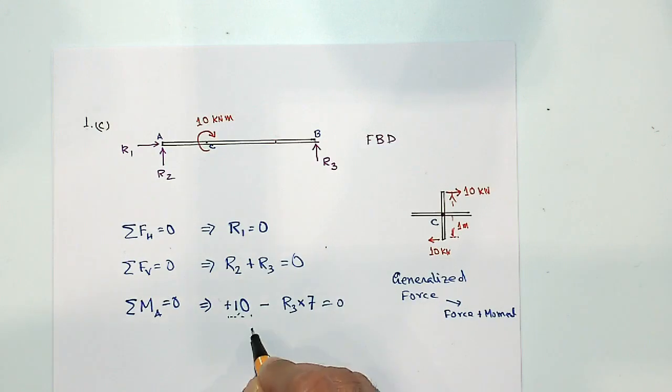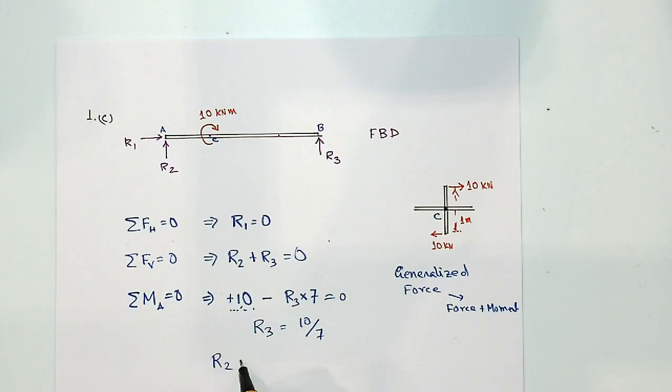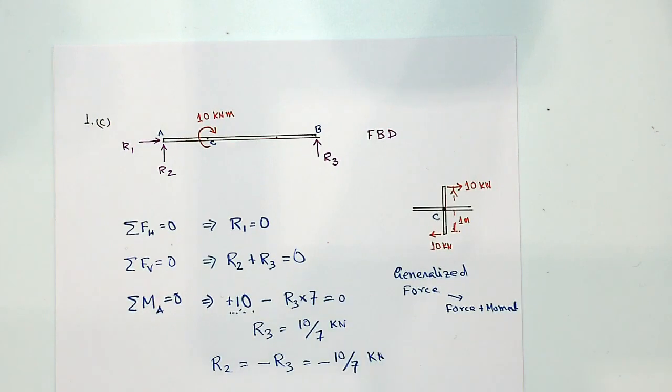So R3 would be equal to 10 over 7, and going back to the previous equation, R2 is minus R3, so R2 would be minus 10 over 7 kilonewton. They are equal and opposite, and you can see that's how they work.